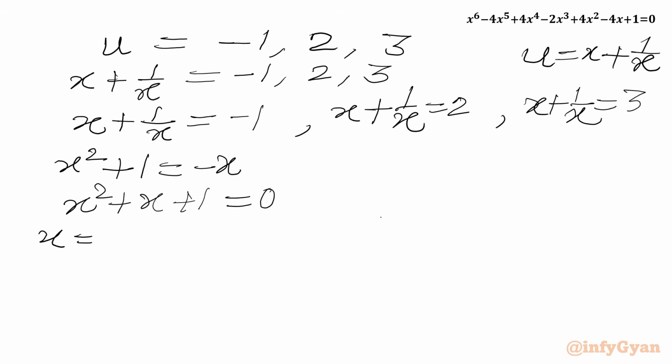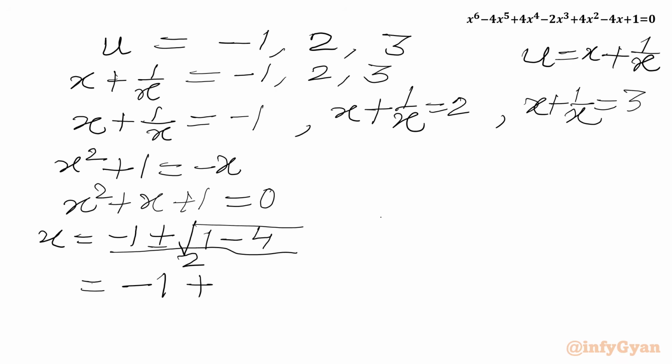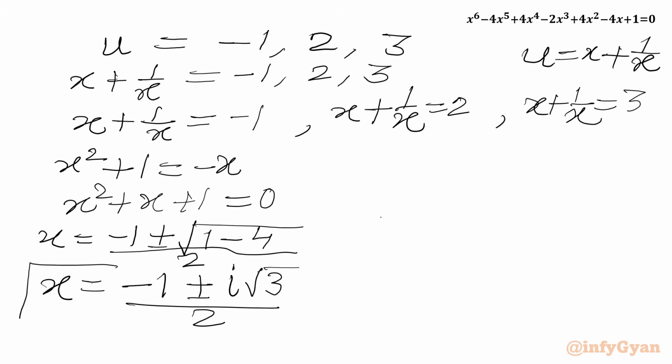B is coefficient of x, so we'll write -1, plus minus square root of b square, which is 1 square, minus 4 times 1 times 1, divided by 2 times 1. So this will be equal to -1 plus minus square root of -3, where square root of -1 is i. So we'll write -1 plus minus i root 3 over 2. So we have two complex solutions over here.